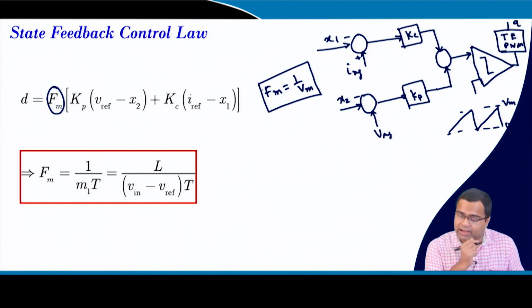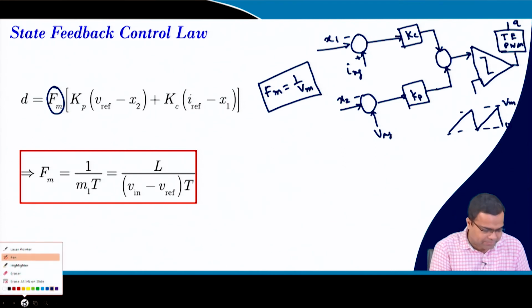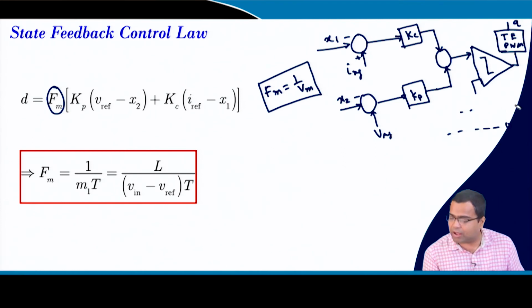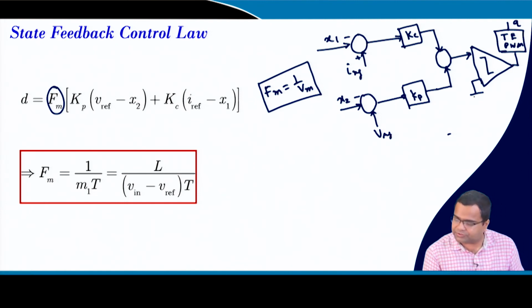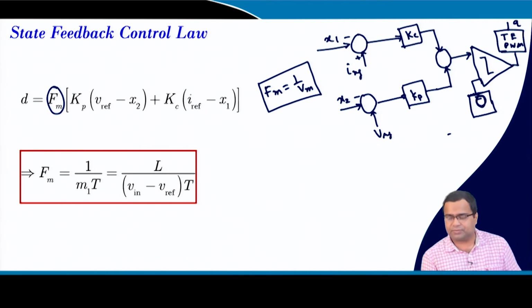But if you do not take the ramp, that means the other possibility is you can also make it 0. Suppose instead of taking the ramp, you make it 0, because there is no ramp compensation, then this whole quantity will be 0, like a grounded 0.